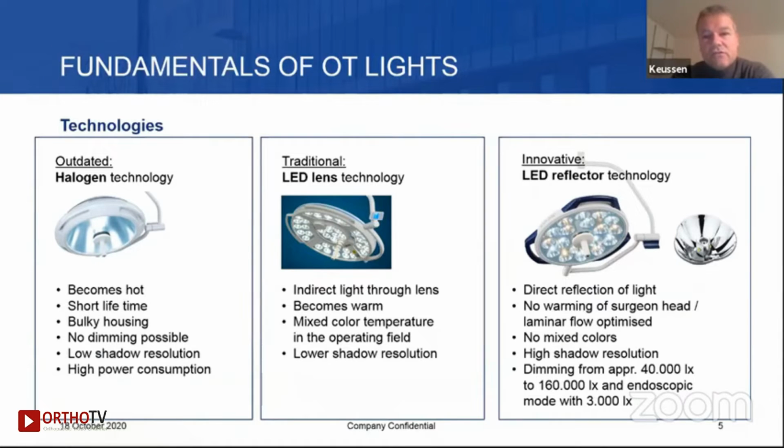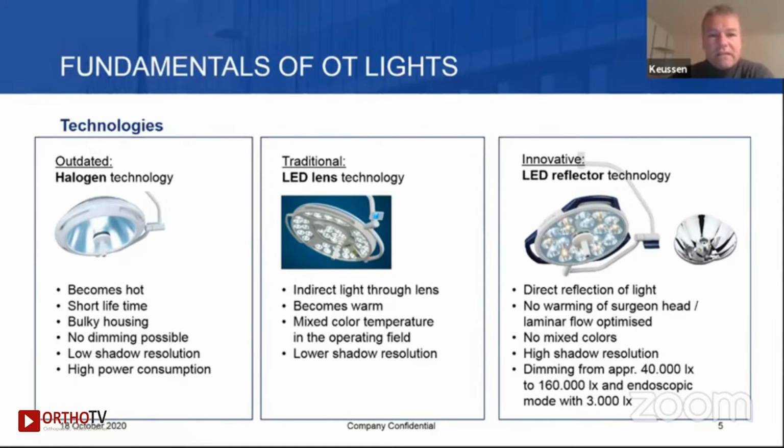There are definitely two different technologies on the market. One is the LED lens technology, where an LED emits light through a lens to the surgical field. So it's an indirect emission of the light. Because it has to go through a lens, it becomes quite warm.